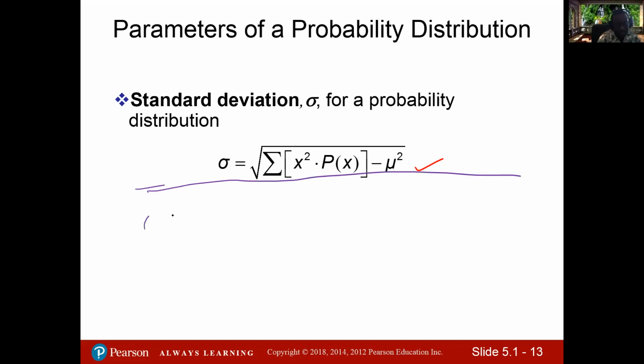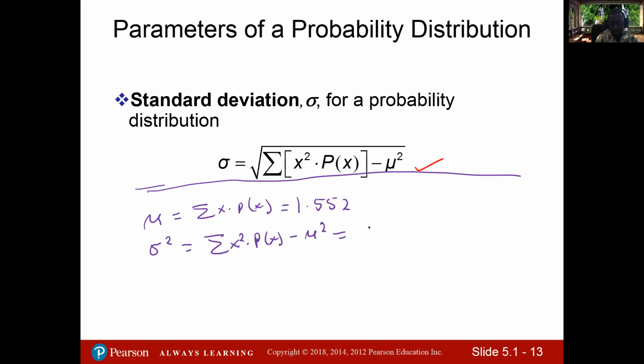The mean is the sum of X times P of X, which is 1.552. And then the variance, sigma squared, is the sum of X squared times P of X minus mu squared. The sum is what we got, 3.448 minus 1.552.